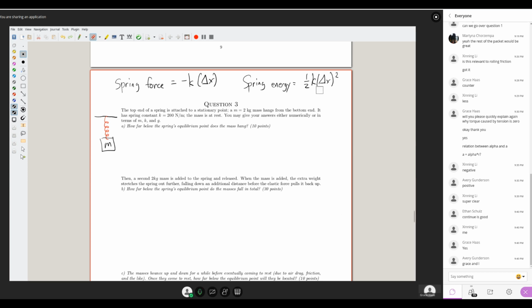And the difficulty in this problem, it's not terribly difficult, but you need to make sure you're clear on when force is the thing you should think about and when energy is the thing you should think about. So in part A, should we be worried about the spring force or the spring's stored energy?